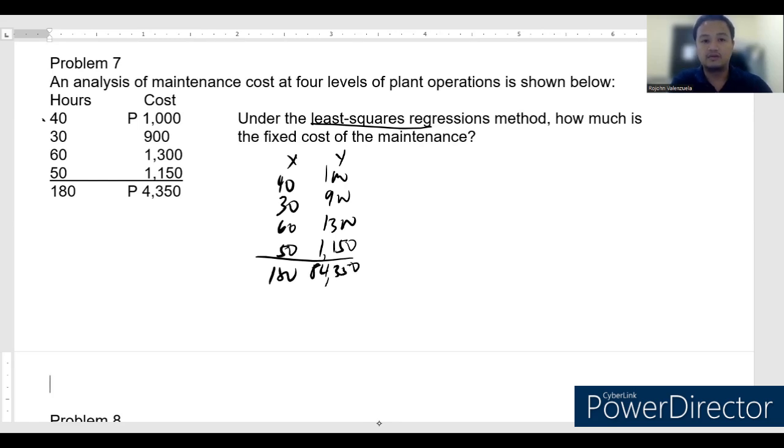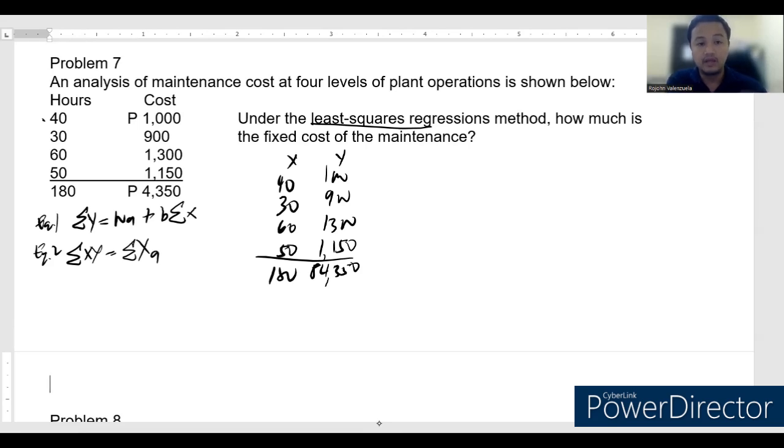Okay? So, di ba sa least square regression na meron tayong dalawang equation. Equation 1, equation 2. The first is yung a na b. Okay, summation of y equals n multiplied by a plus b summation of x. Yun namang isa, summation of xy equals summation of x multiplied by a, and then b times summation of x squared.